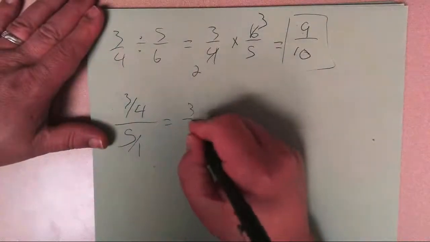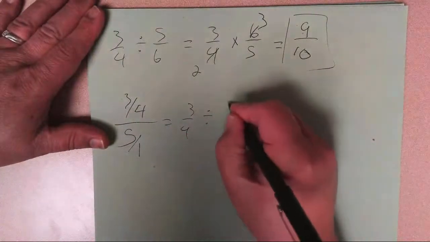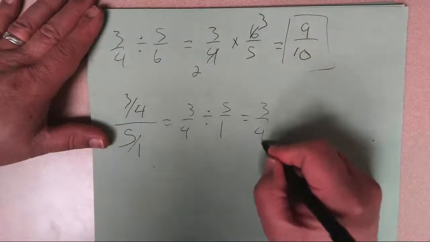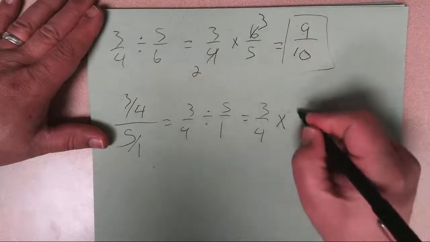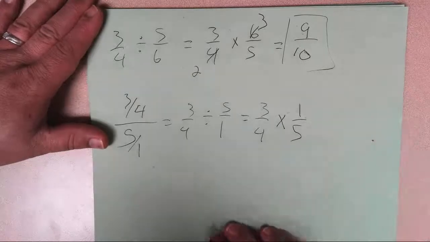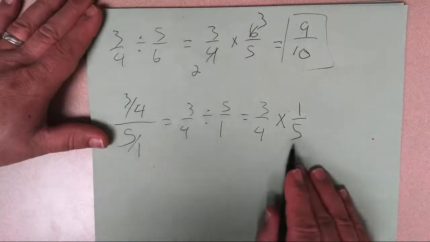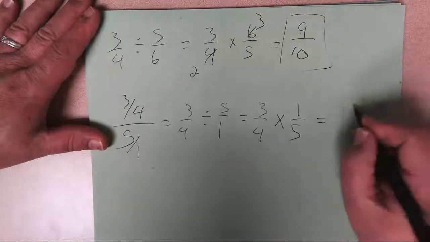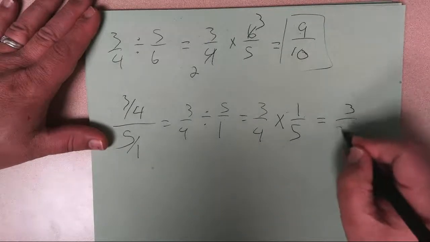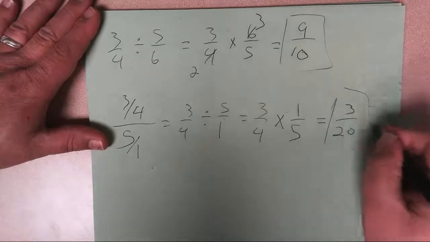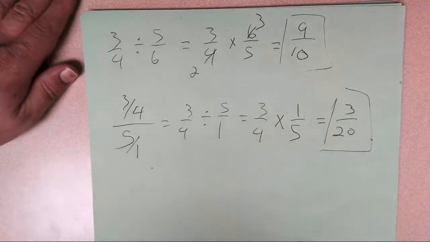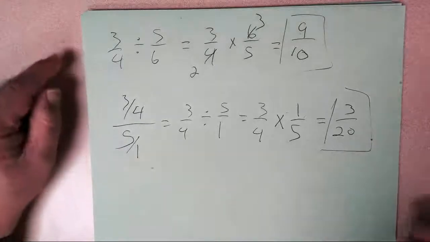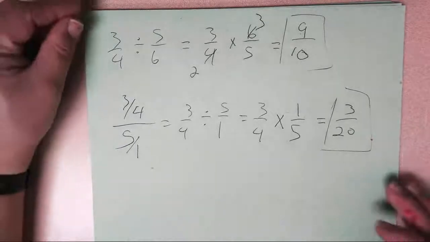Then I change it to the multiplication problem by flipping the second fraction over, and then I multiply numerator and denominator, and that would be 3/20. And that would be my answer. 3/4 divided by 5 is 3/20.